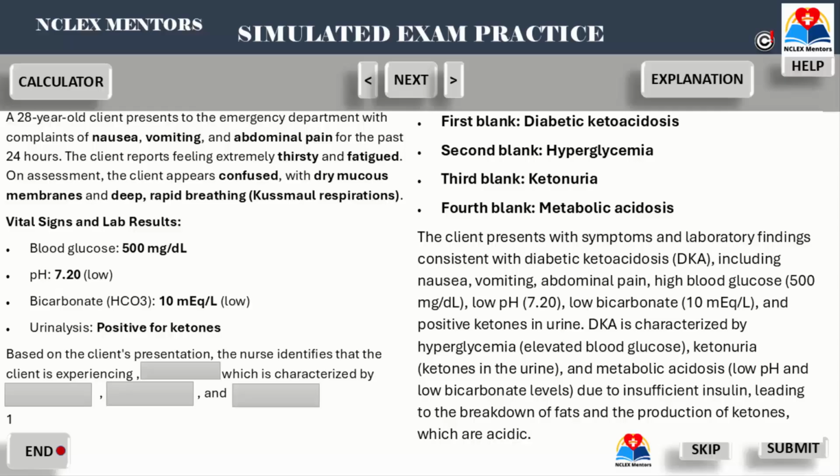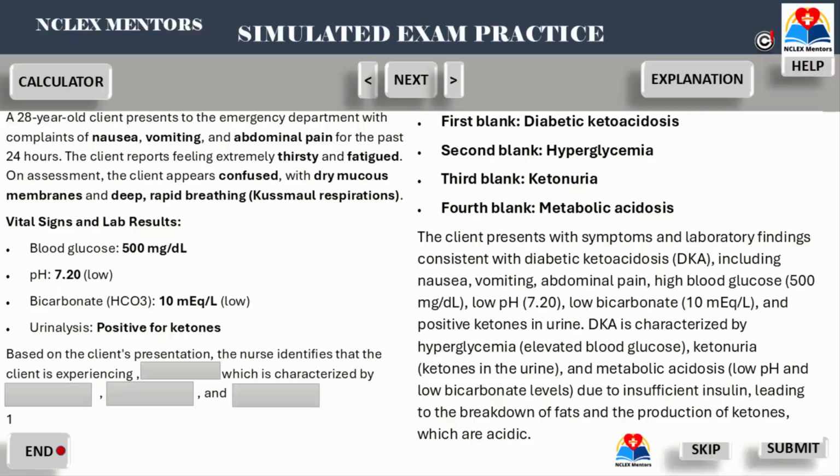That's a big red flag for DKA. 3. Metabolic acidosis. The pH is 7.20, which is dangerously low, and bicarbonate HCO3 is only 10 milliequivalents per liter, far below the normal range of 22 to 26 milliequivalents per liter. These values confirm that the blood is turning acidic, a classic DKA feature.